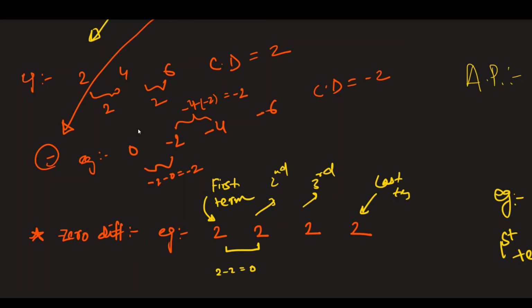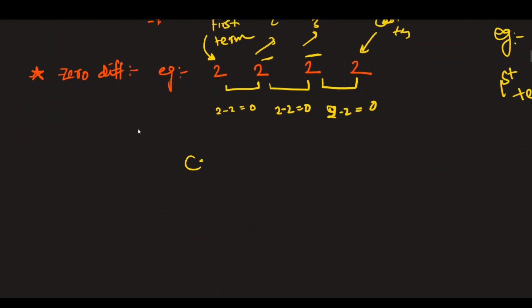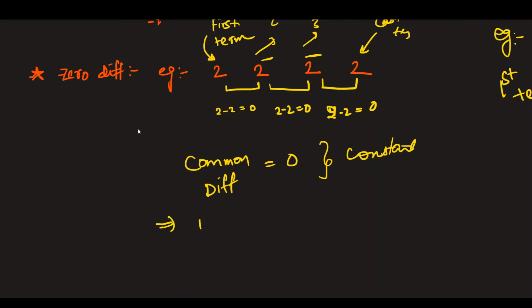Okay, the difference is 0. The difference between the third term and the second term is 2 minus 2, again 0. The difference with the fourth term is 2 minus 2, again 0. So it has a common difference of 0, as this is a constant. Therefore this sequence is an AP.